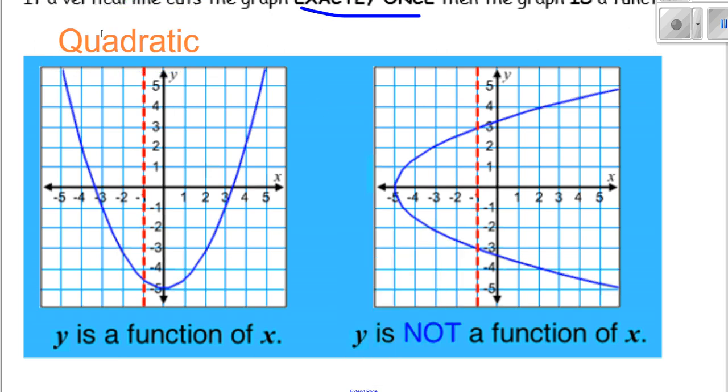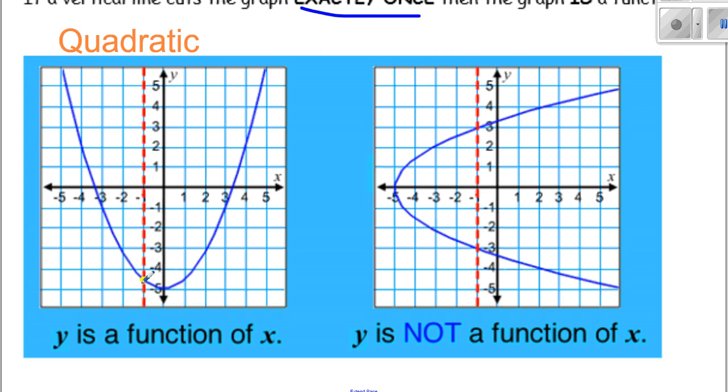Here, any vertical line you draw will only ever cut this graph once. So it's not possible to draw a vertical line through this function and have it cut twice. Notice it only cuts once. Where does it cut? This red vertical line only cuts there. But any vertical line you draw will only ever cut it once.